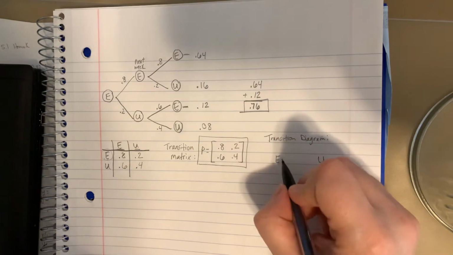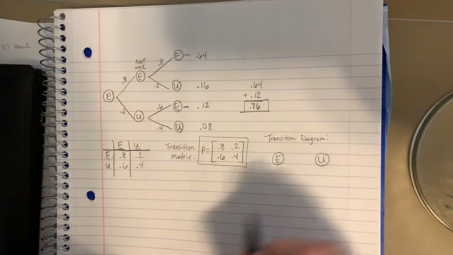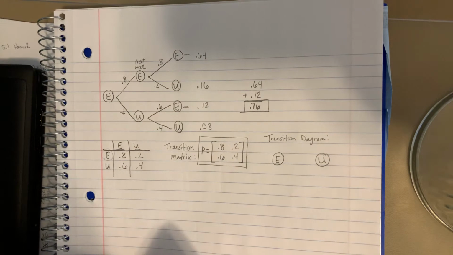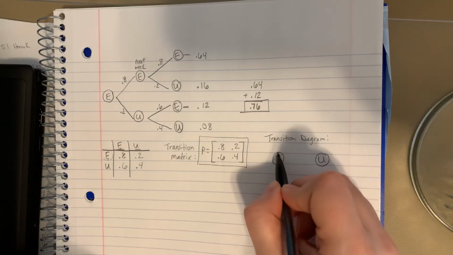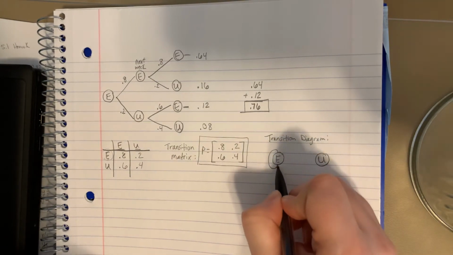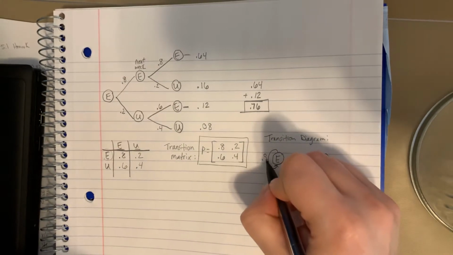Okay, so my first state is employed, my second state is unemployed. And then I need to know what's happening between these. So this is where all those arrows come from. So let's say I start out as employed and then I end up back at employed again. That probability is 0.8.